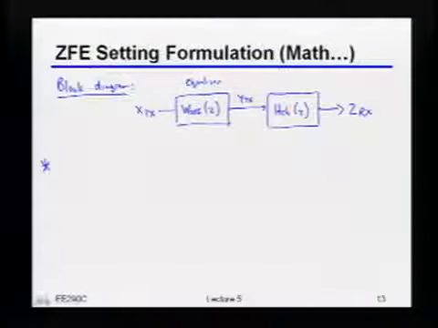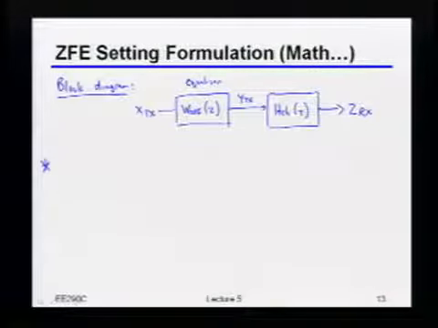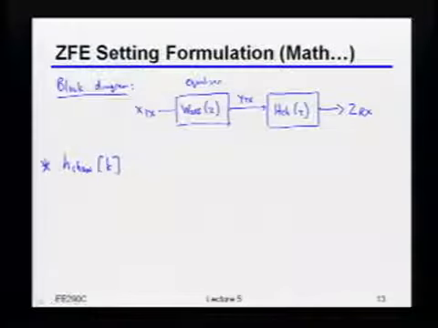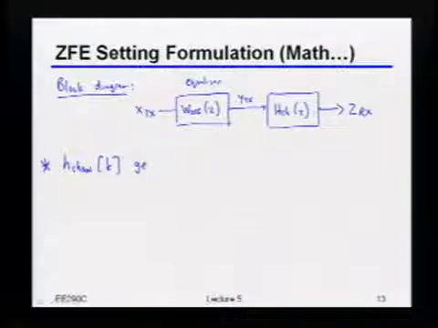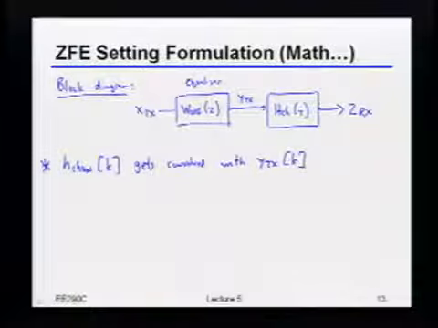So in other words, if I want to know what z_RX actually is, then I have to take the time domain responses of the channel, which I'm going to call h_channel with a lowercase h. Again, I'll show you how I'm going to deal with this in a second. And I'm going to be convolving those with whatever my transmitted waveform was. Okay?